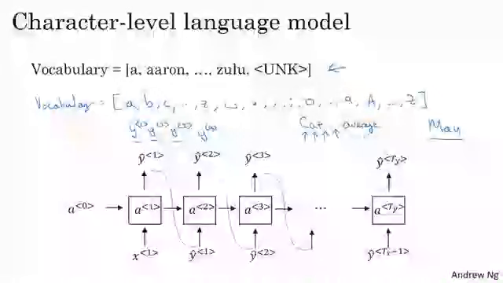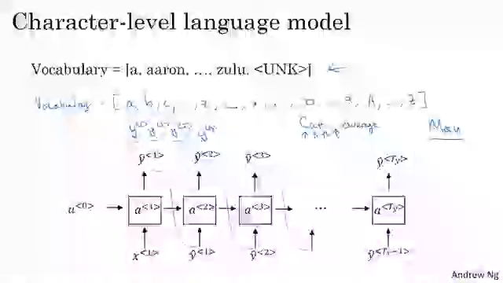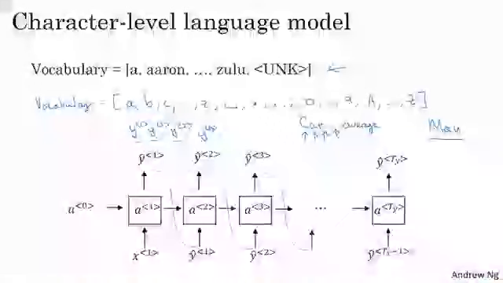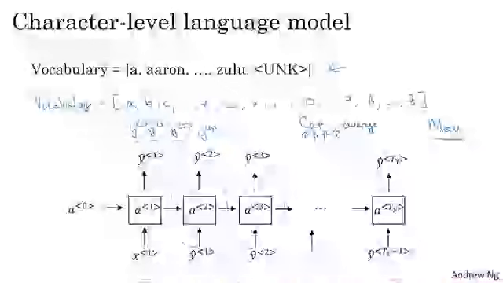So many English sentences will have 10 to 20 words, but may have many dozens of characters. And so character language models are not as good as word level language models at capturing long range dependencies between how the early parts of the sentence also affect the later part of the sentence. And character language models are also just more computationally expensive to train.